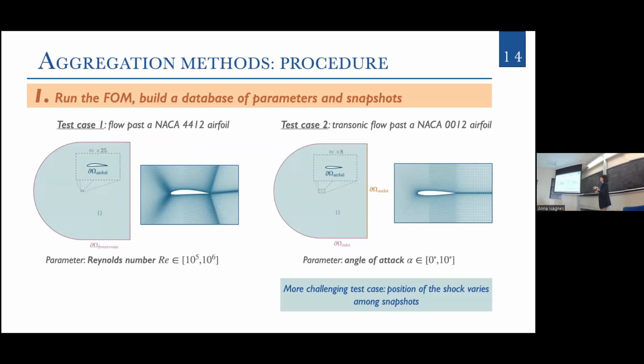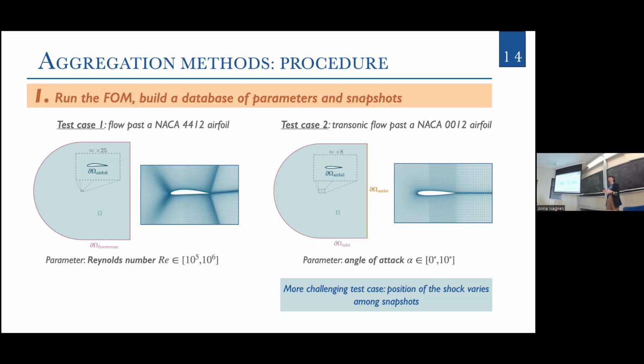And we consider these two test cases. Both of the test cases are flows past an airfoil, and are two-dimensional. But in the first case, we have as a parameter the Reynolds number, while in the second test case, first of all, we have a transonic flow.